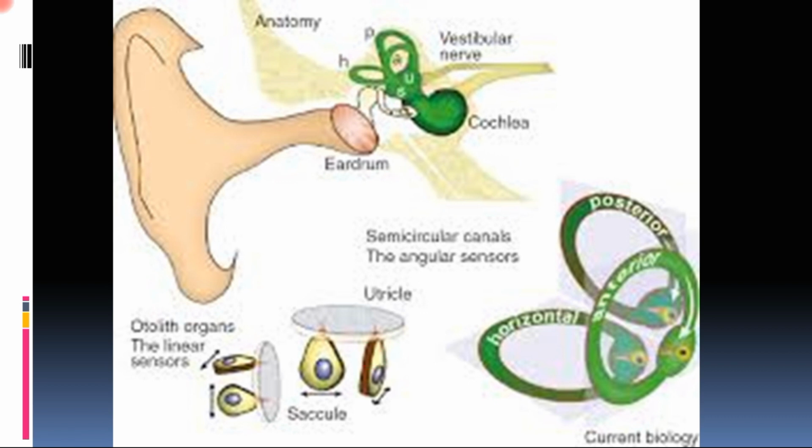When these are stimulated, they discharge in a distinct pattern, and that pattern is assessed by our brain and gives us information about the head orientation in various directions in the horizontal plane or in the vertical plane. So the assessment of overall stimulus from the utricle and saccule will give the brain an idea about the orientation of the head, either in the standing or in the lying posture.